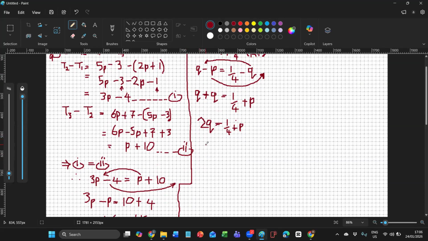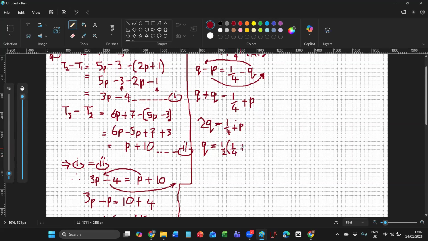Exactly. So we divide both sides by 2 so that Q will be equal to, I don't know how you want to write it, but this time I'll write my own. Dividing by 2 is as good as multiplying by half. You can still simplify it further.